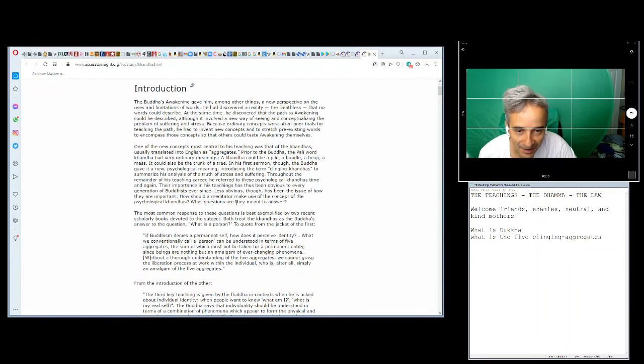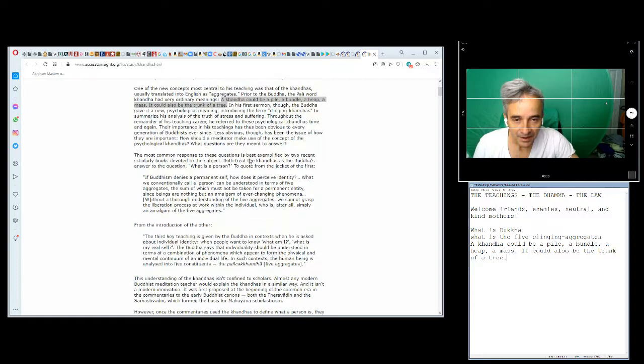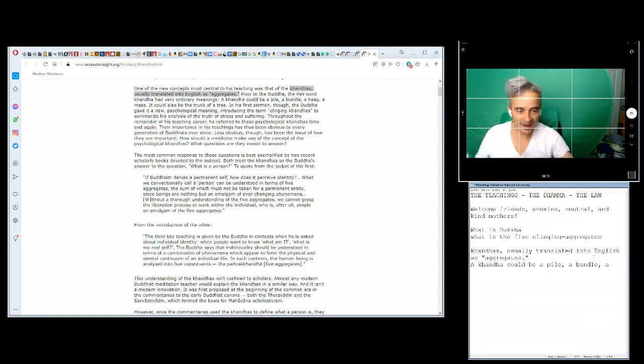But let me copy this. A khanda could be a pile. Well, there's the five aggregates.